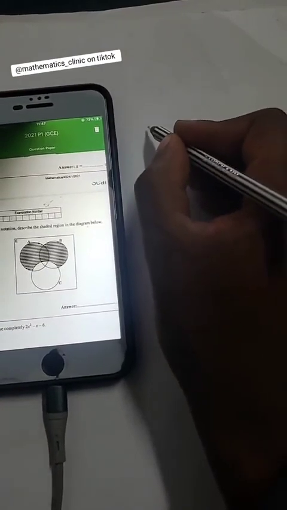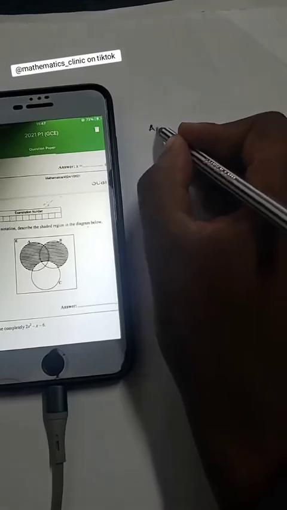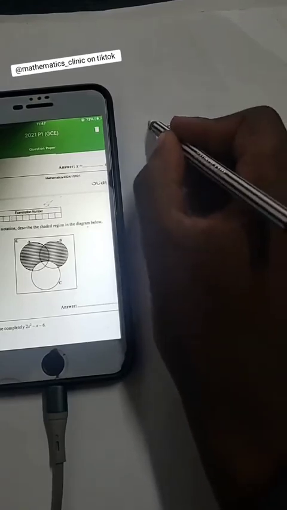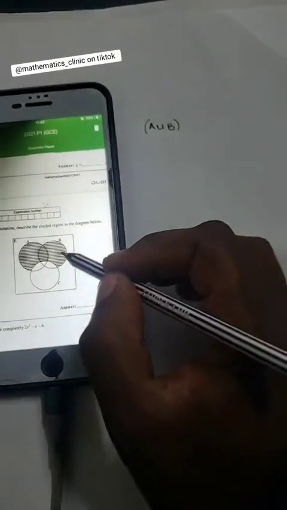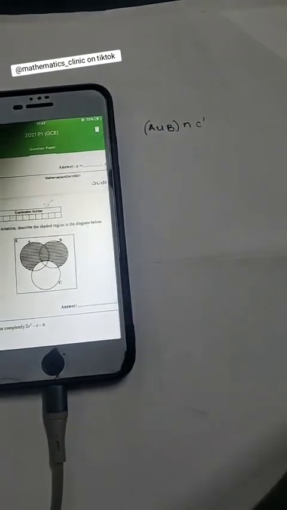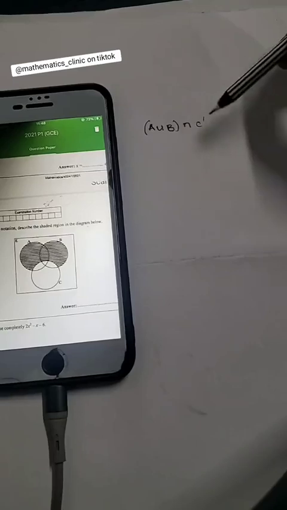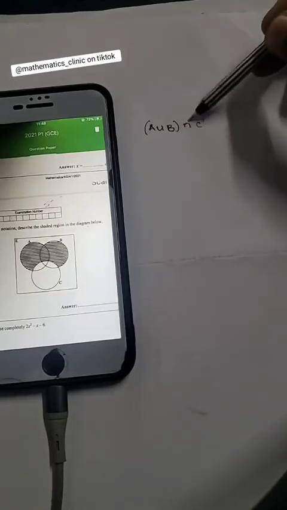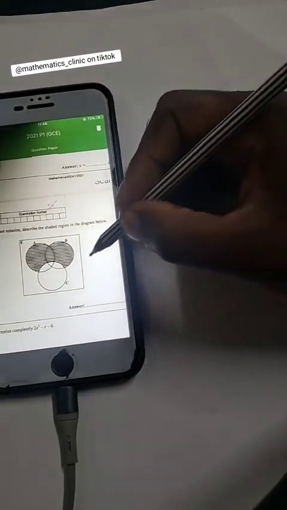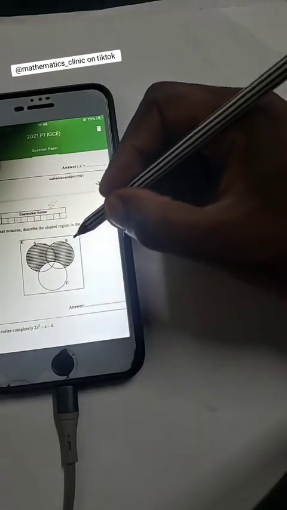So we have what is in set A has been put together with what is in set B, right? A and B are put together, but they are not intersecting with the C or union. They are not united with the C. The reason why we didn't use union up here is because if we were to use union, even the outer part would have been shaded.